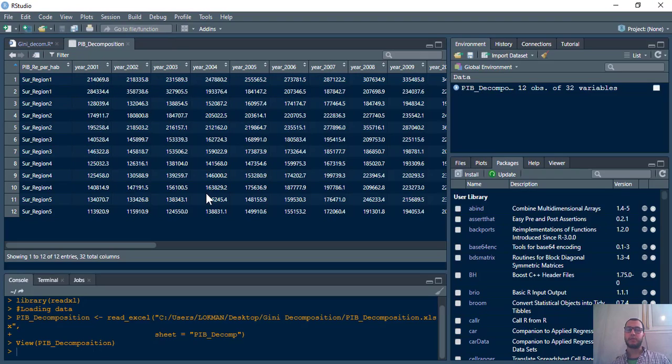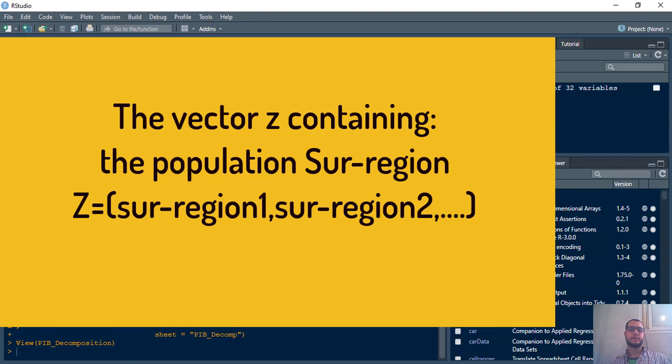So to decompose the Gini coefficient for 2004, I will need the vector for the year 2004 for the whole region, and I will also need the vector Z with the number of population of each subregion.